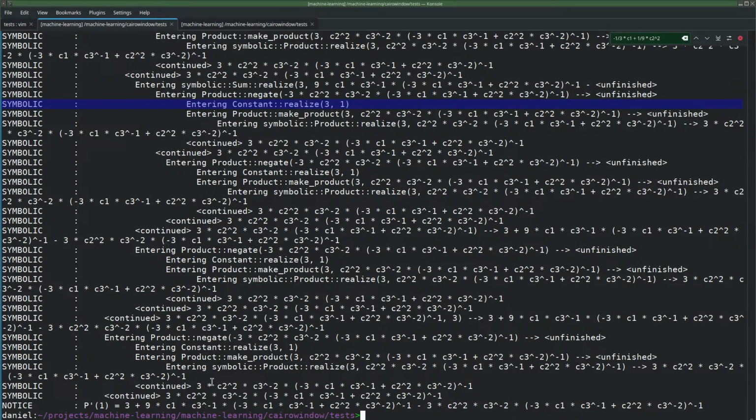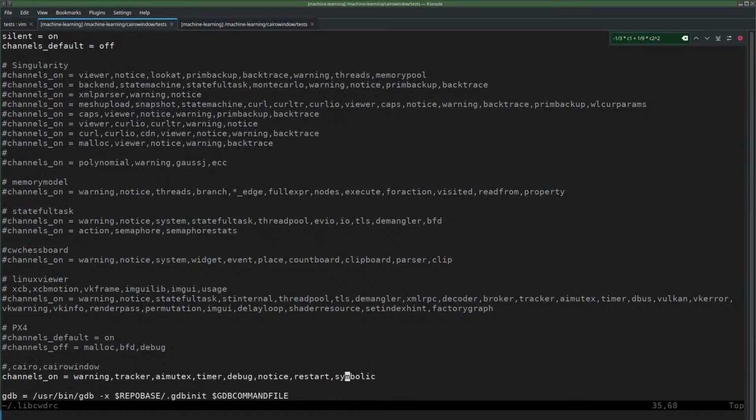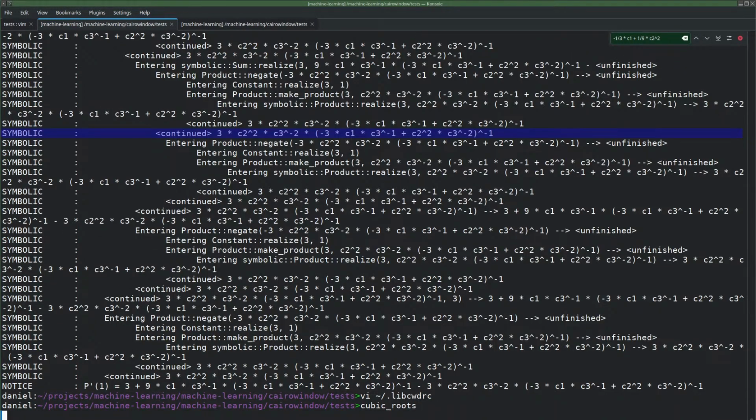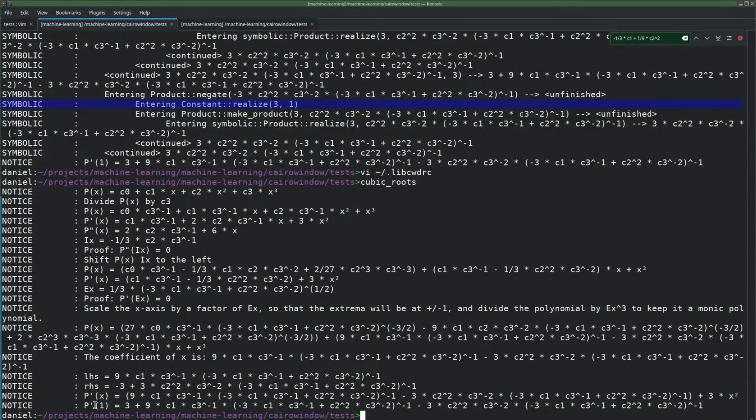Too many symbols. Right, so I did add something. I think I added this, which simplified that one, of course. No, I added this.